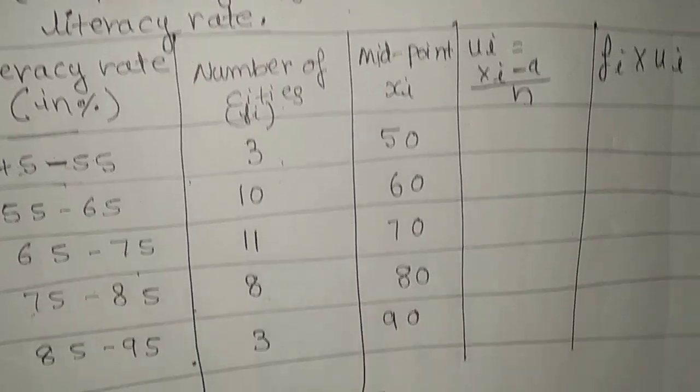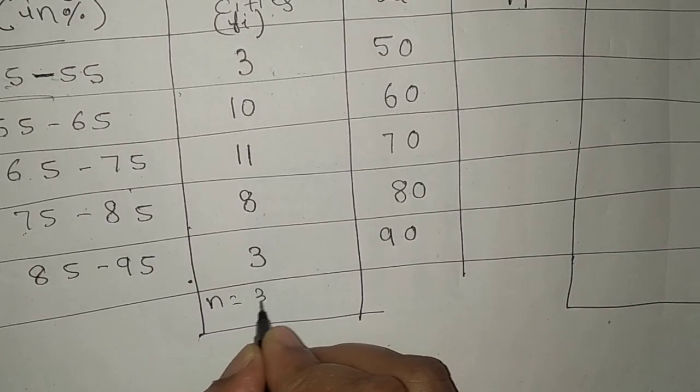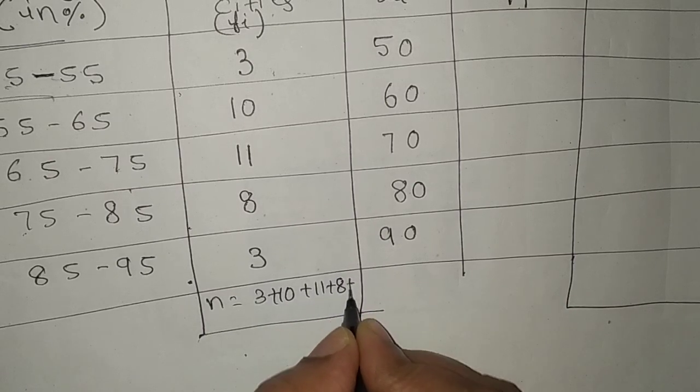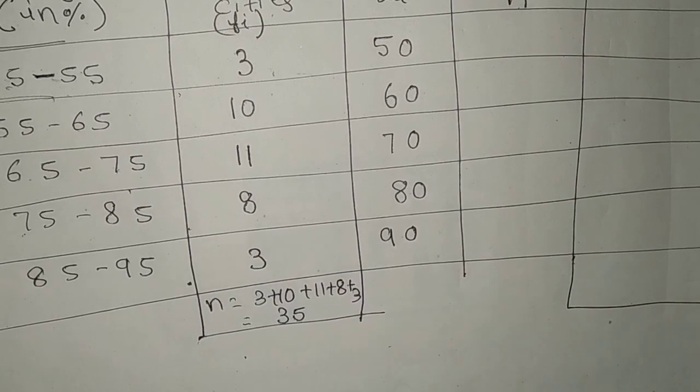So summation of fi is equal to 3 plus 10 plus 11 plus 8 plus 3, which is equal to 35.